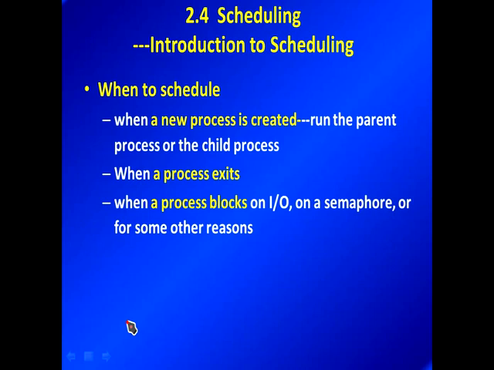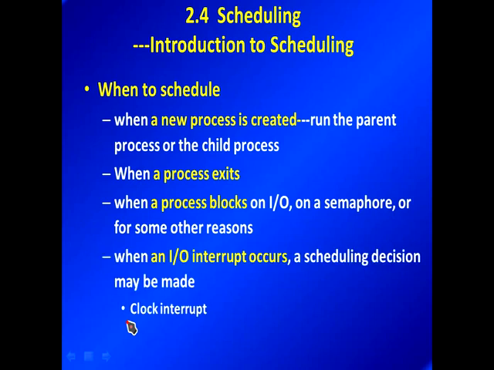It's not running state anymore. It cannot stay in the CPU anymore. And it means now the CPU is available again. It's free again. So at this time, you need to call the scheduler and choose the next process to run, to use the freed CPU, right? This is the third case.